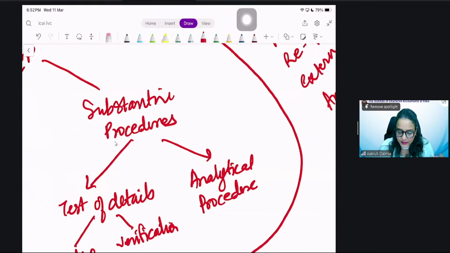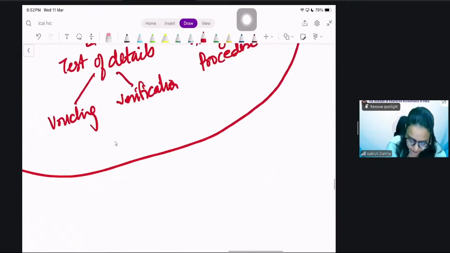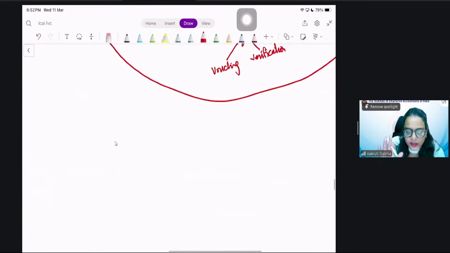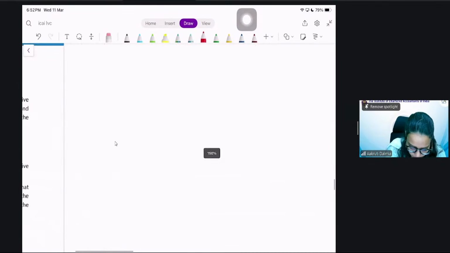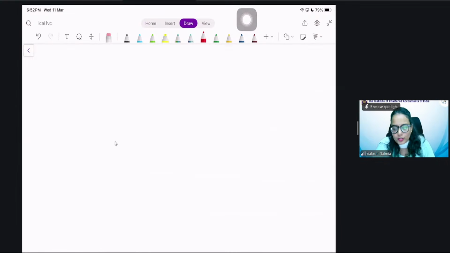What is the difference? Okay, let me give you a small example. This is very important to understand for this chapter, okay? Pay attention. This is just for your concept understanding.